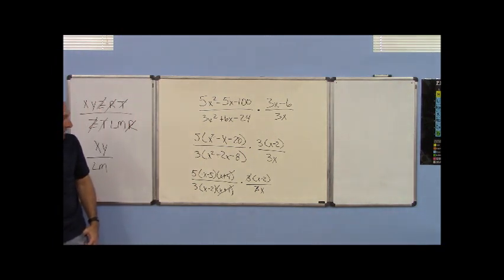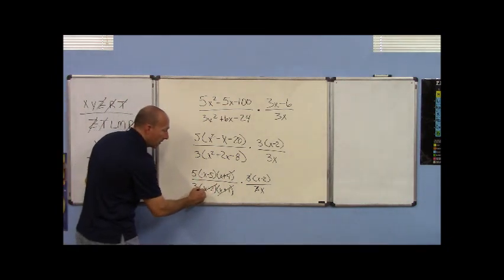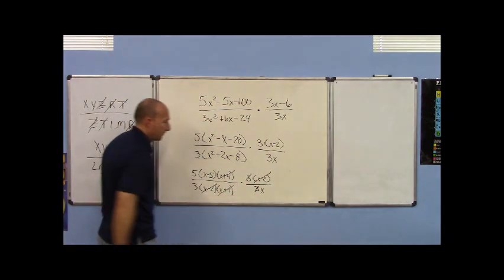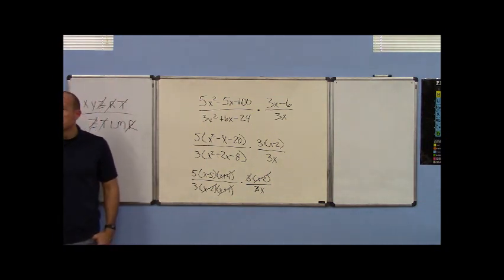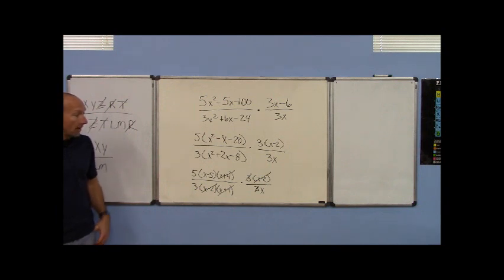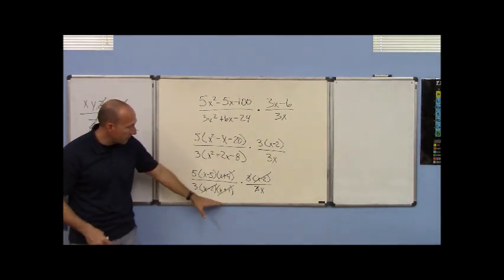Anything else that we see common? X minus 2, the x minus 2's. This one here on the bottom, this one here on the top. Do we see anything else? I actually think we're good. There's not an x minus 5 on the bottom.